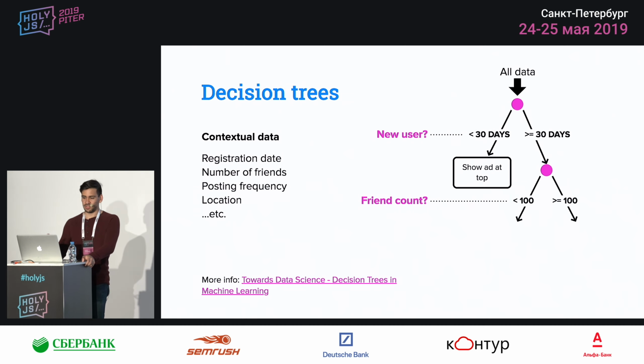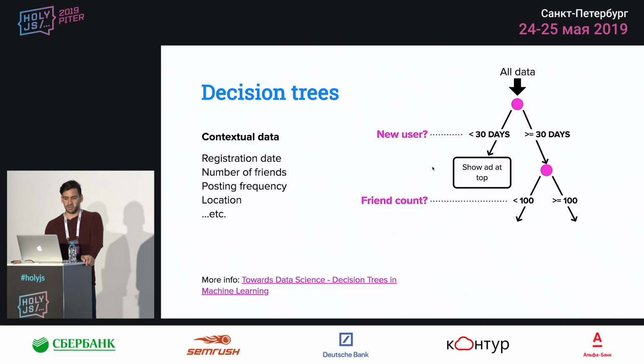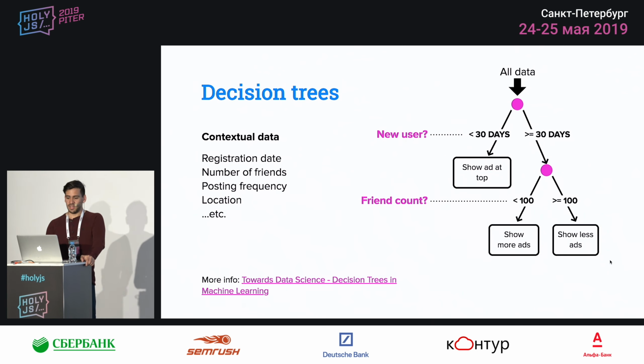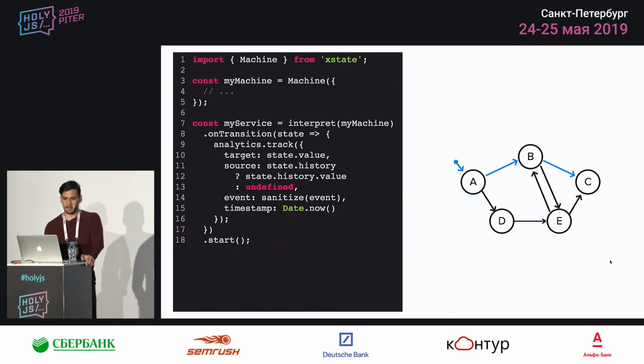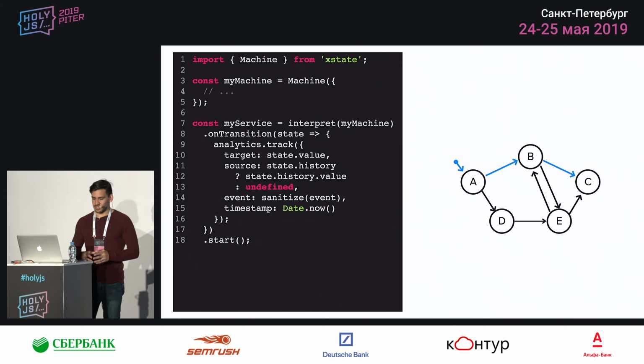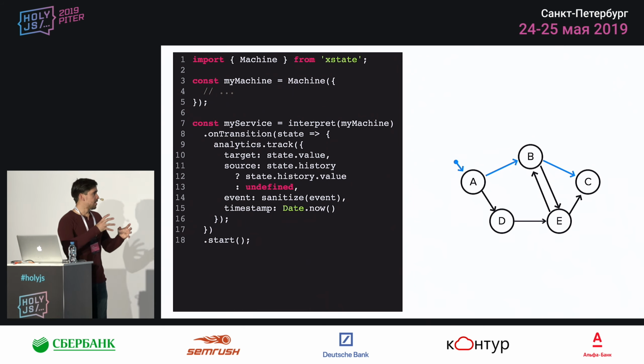And so, going based on that previous state machine, we could see that based on whether they're a new user or friend count, we could decide which paths to take in that state machine and which ones to emphasize. And so these analytics become simplified using that interpreter again.